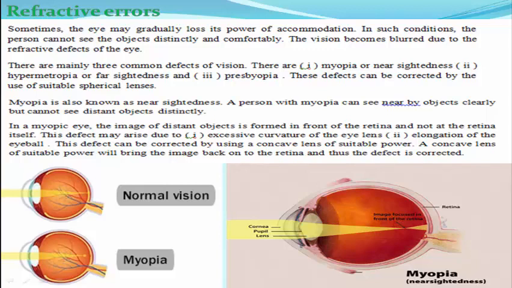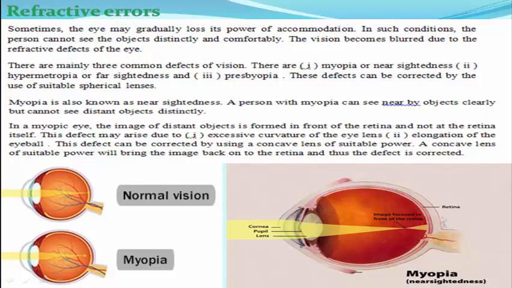In a myopic eye, the image of a distant object is formed in front of the retina and not at the retina itself. This defect may arise due to the excessive curvature of the eye lens or elongation of the eyeball.